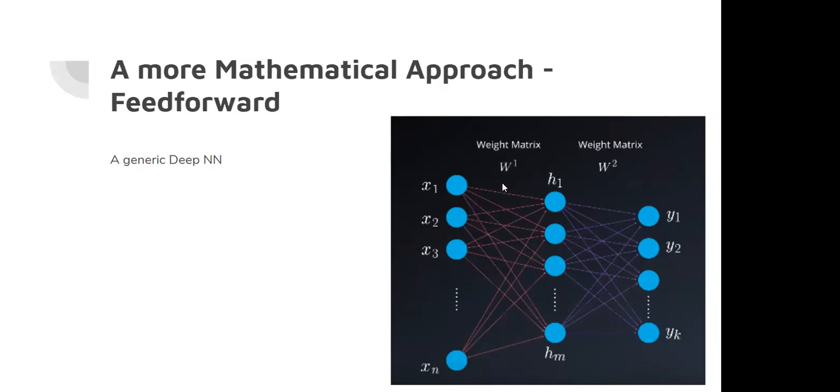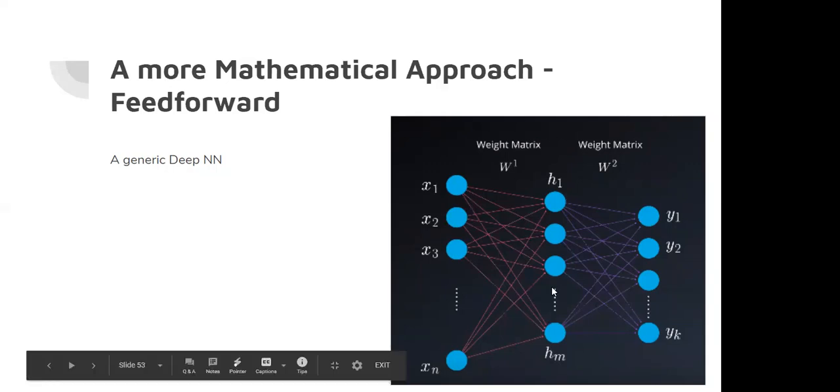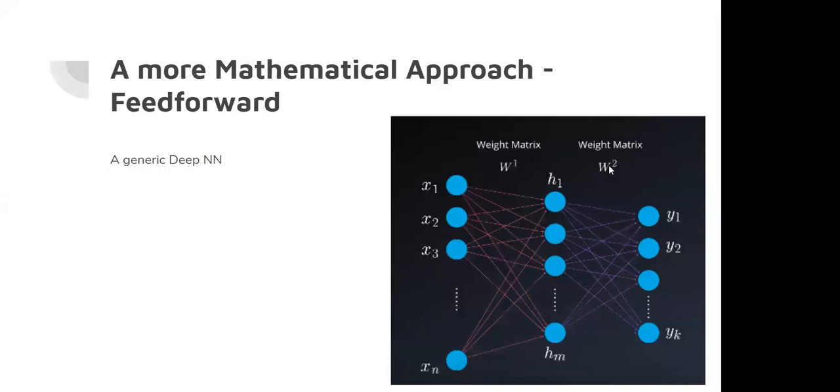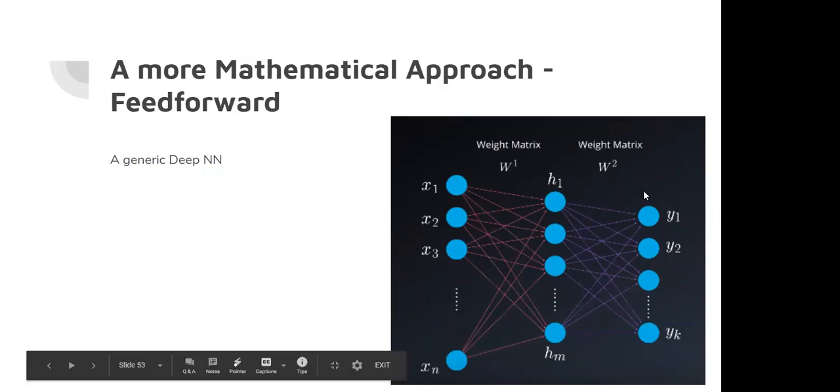I call it W1. Then the hidden layer outputs go from the hidden layer to the outputs through a weight matrix called W2. So I have the hidden layer neurons from H1 to HM, and then the outputs from Y1 to YK. This is a generic neural network.